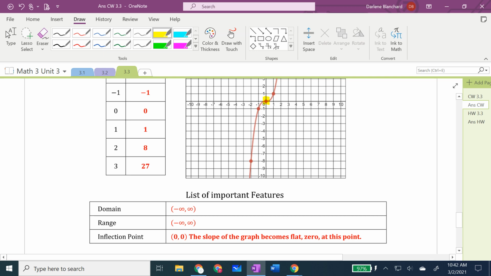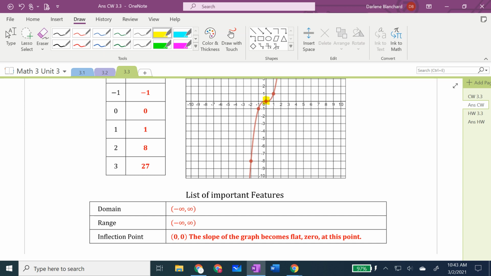Now, this is called an inflection point. The reason it's called an inflection point is because your graph changes from looking like a frown to a smile at that point. You've got a half frown, half smile going on. And right at 0, 0, it actually changes the way that it smiles or frowns.